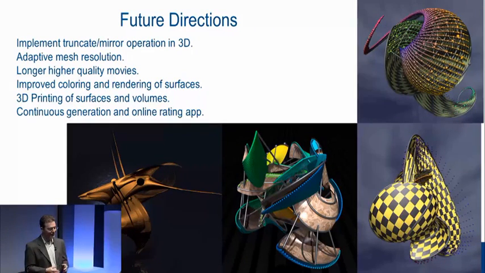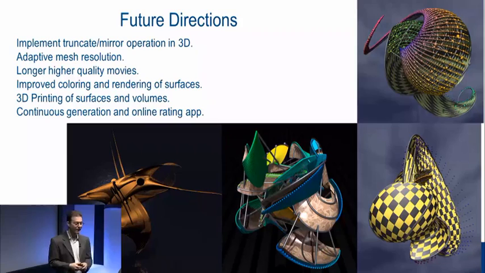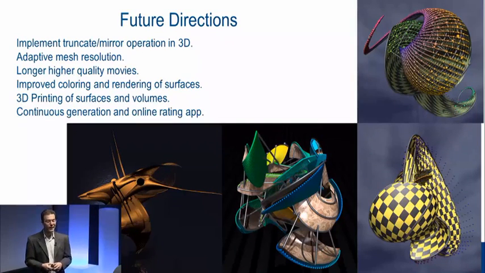And then the other thing that I've toyed with and almost have ready is a continuous generation online rating app. So all the Pipeline Pilot protocols generate web pages that the user, me, interacts with, and so it's actually possible to set it up so that every time one image is rated, another one gets generated, right?